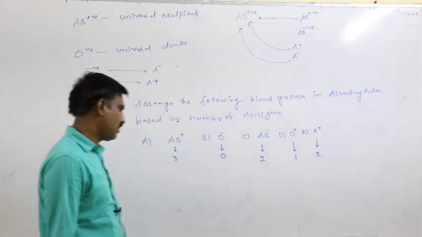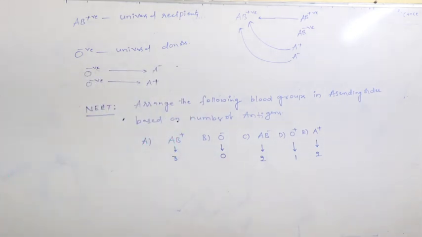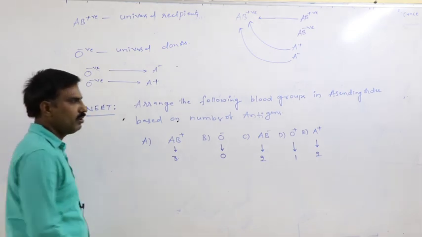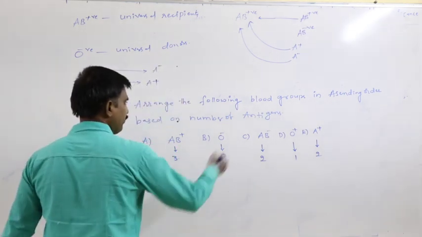In this case, ascending order means from low to high, small to big.